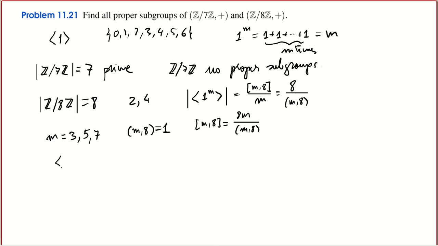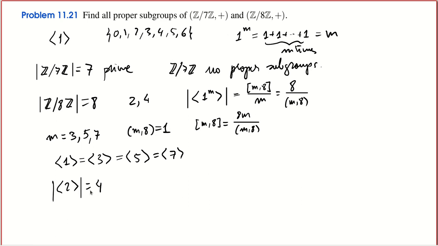So this group is also generated by 3, by 5, and by 7. These are 4 generators of the same group, right? Now let's see what happens with 2. Well, the order of this subgroup must be, you put 2 here, and then you have 2 as the greatest common divisor, so this is 4.